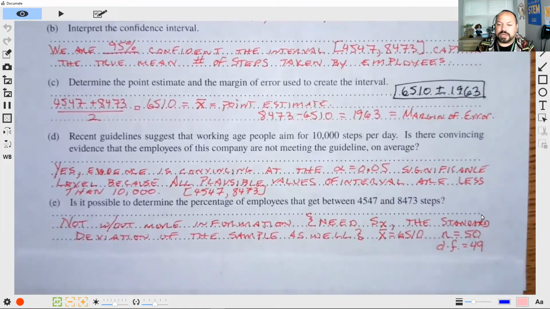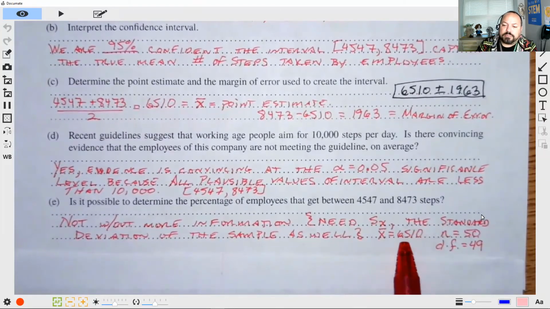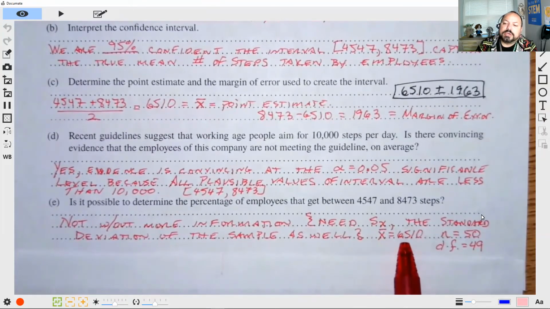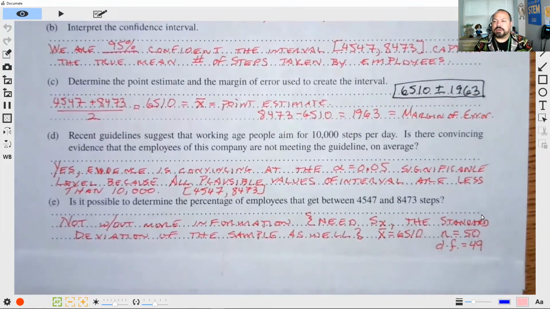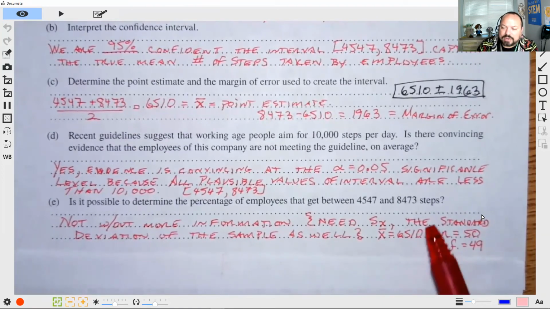We would need to know the sample standard deviation as well. If we knew the sample standard deviation, along with the sample mean and the sample size, and later we'll discuss degrees of freedom, which is nothing more than the sample size minus 1 when I'm only working with one variable, then I would be able to estimate.